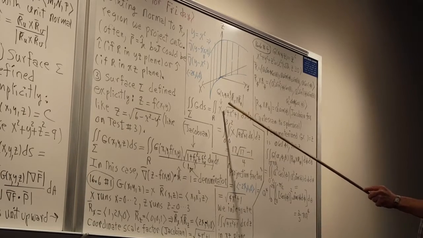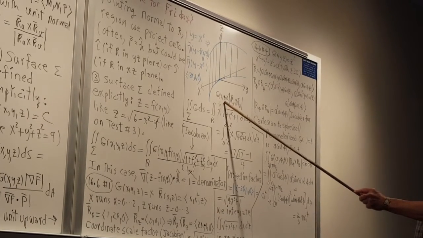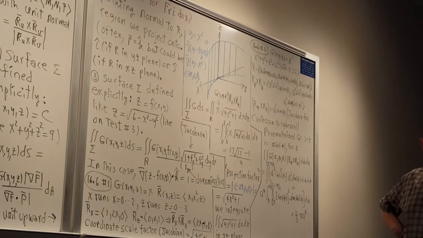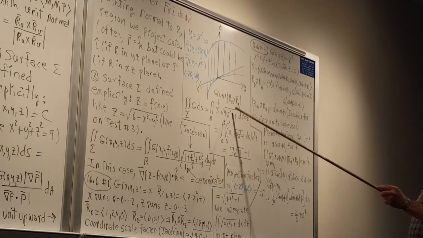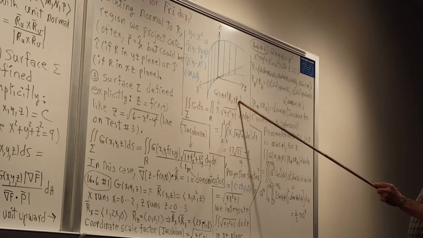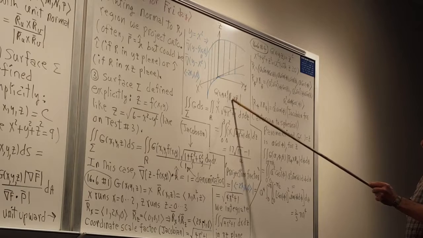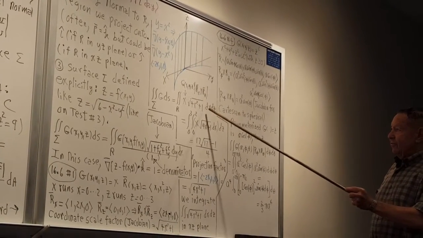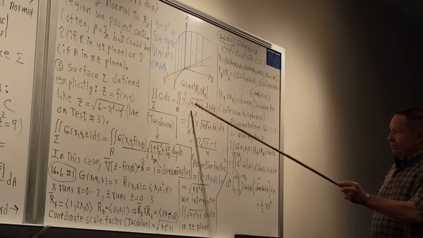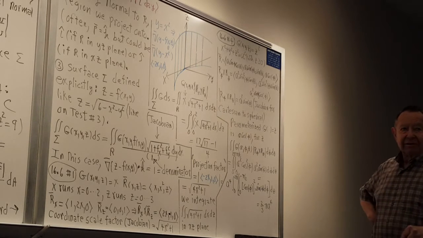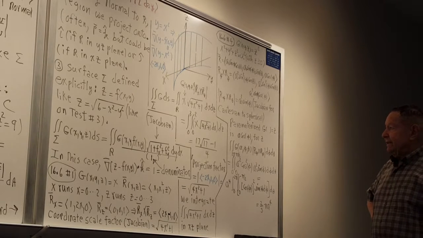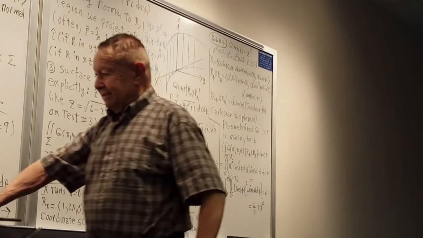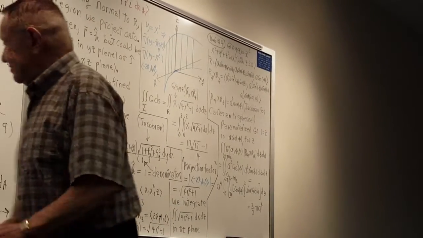So your function, anyway, in this problem is x, because the problem says so, and you have your magnitude then of your cross product, your scale factor, and then you can integrate with the variables that are your parameters. So x and z, rather, that's an x. It's an x that kind of got smeared.